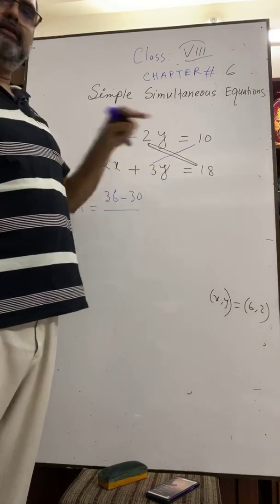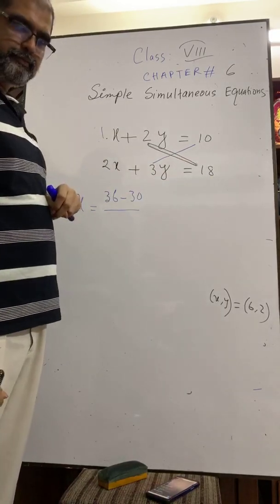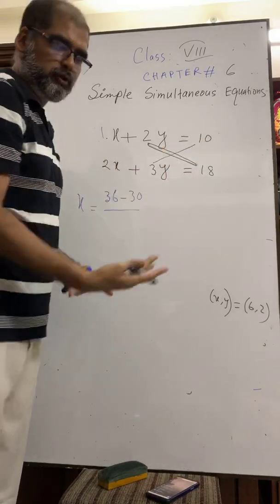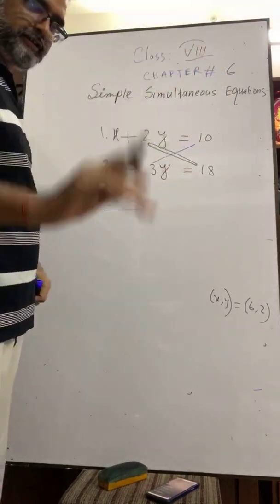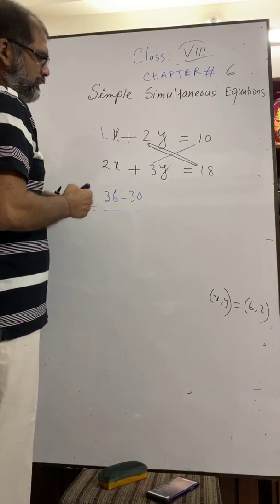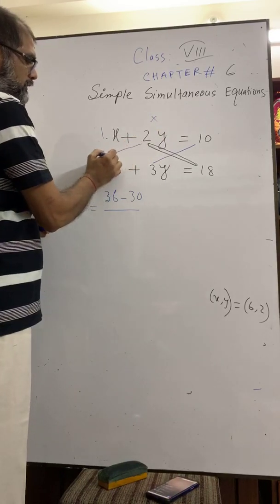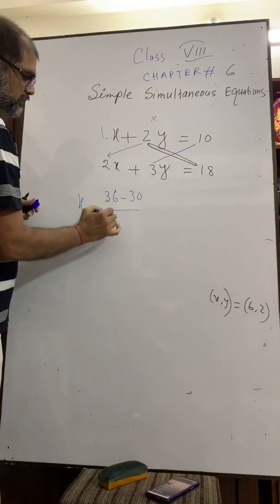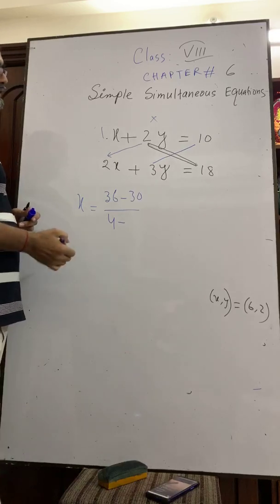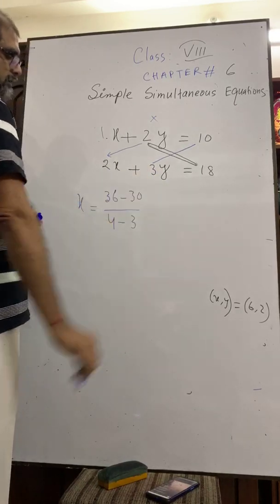Now you come here, this is the main part. 2 into 2 equals what? 4. Minus 1 into 3 equals 3. What is the result?